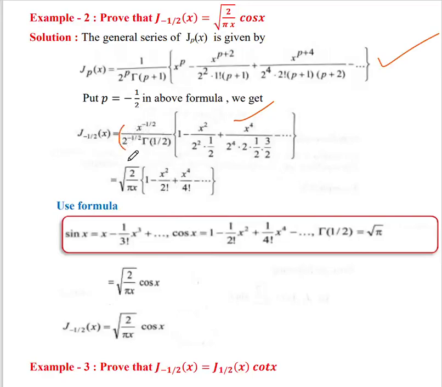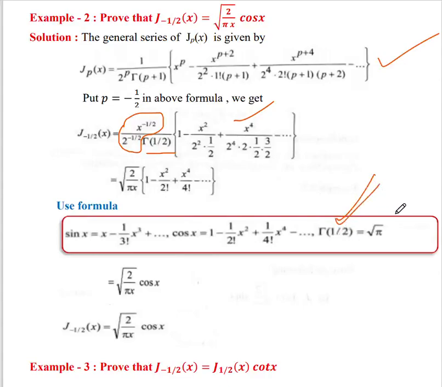Now here, x to the power minus 1 by 2, so the whole term can be written as root 2 upon root x. Okay, root 2 upon root x, and this gamma of 1 by 2, that is root pi.